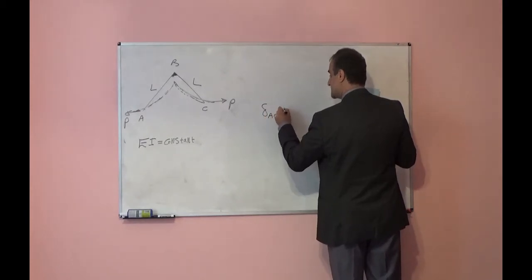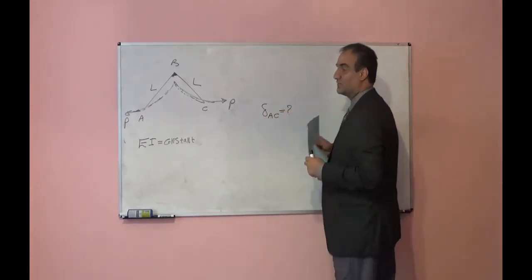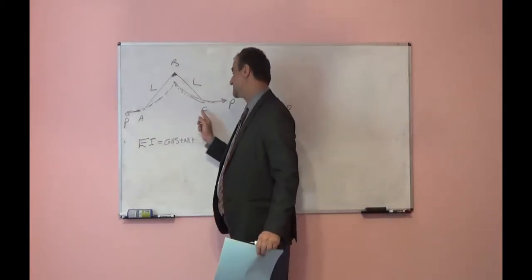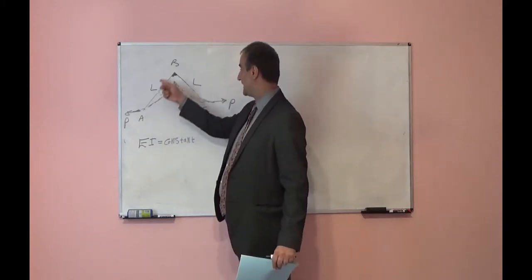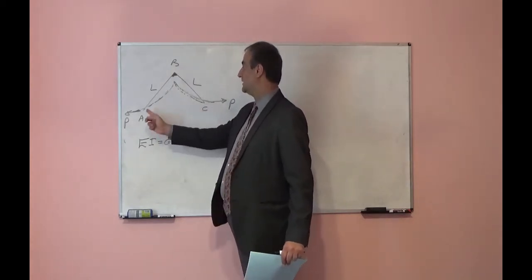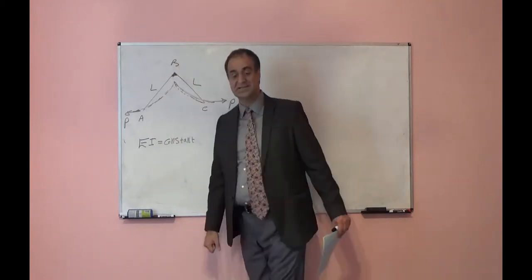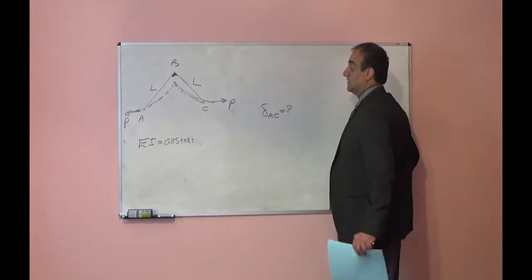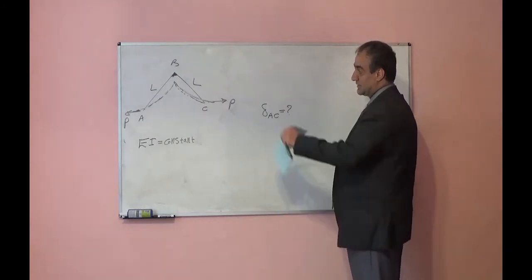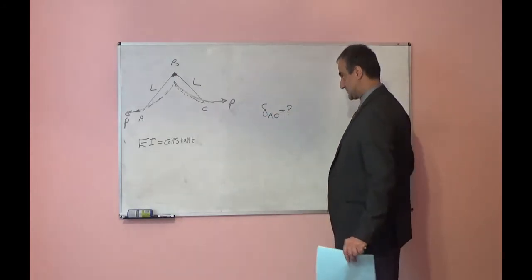We want to measure to see how much the distance between A and C will increase. So we have this system. The length for AB part is L, for BC part is L. EI for the entire system is constant.